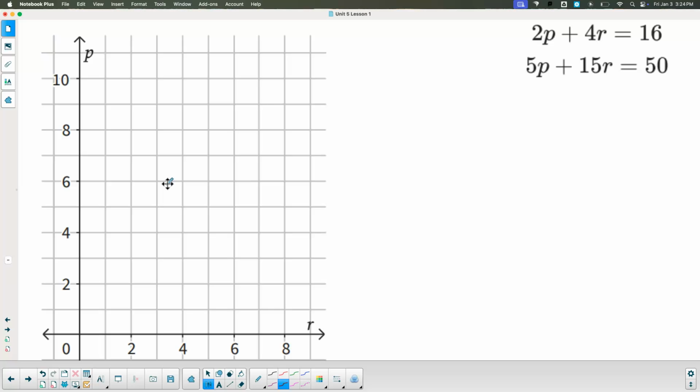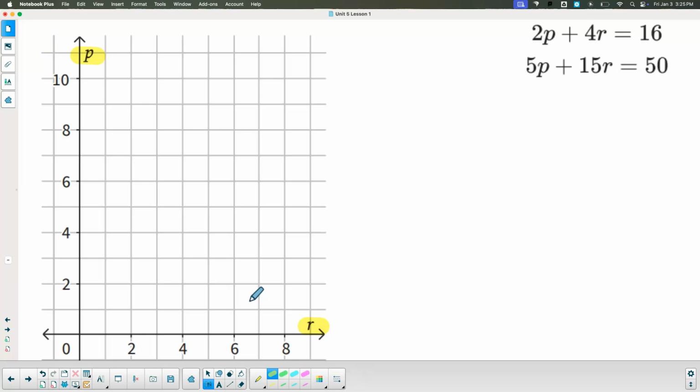If you'll notice, they have R as the X value because it says so right down here, and P is the Y, the vertical axis.